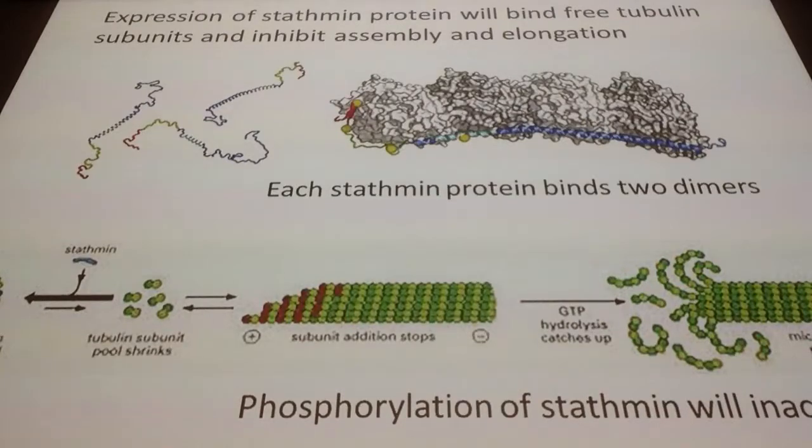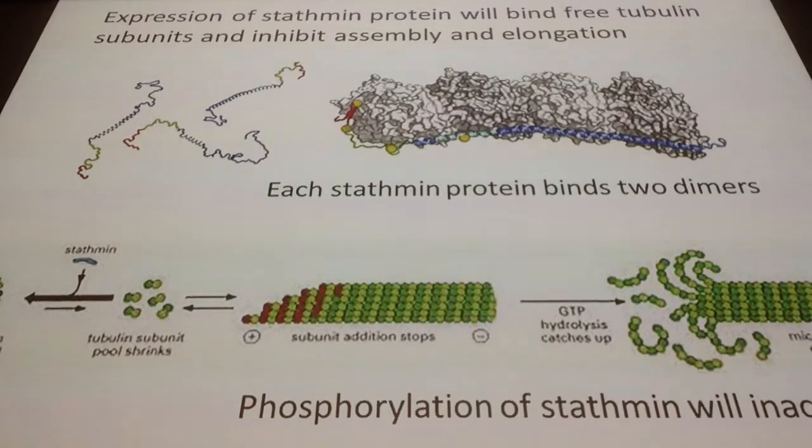Yes, ma'am. Can you go over the phosphorylation again? So stathmin, when unphosphorylated, can bind to tubulin. And when stathmin binds to tubulin, as it states here, stathmin binding tubulin will inhibit assembly. Right? So alpha and beta tubulins that are bound by stathmin cannot be used for polymerization. So in order to be used for polymerization, tubulins have to be free from binding by stathmin, and also have to be bound by a GTP, right?